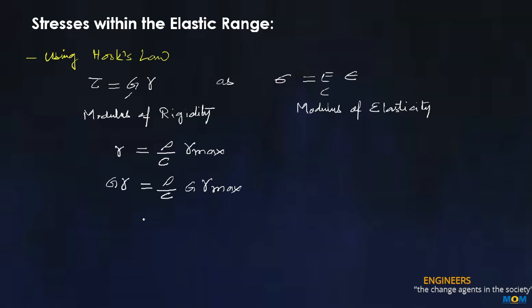Now considering Hooke's law, we can rewrite the expression as tau is equal to rho upon C tau max.